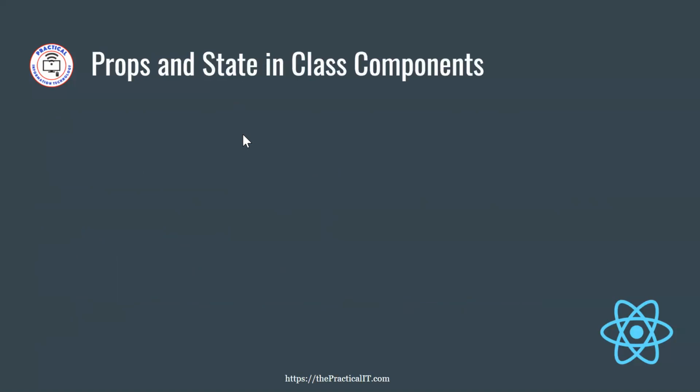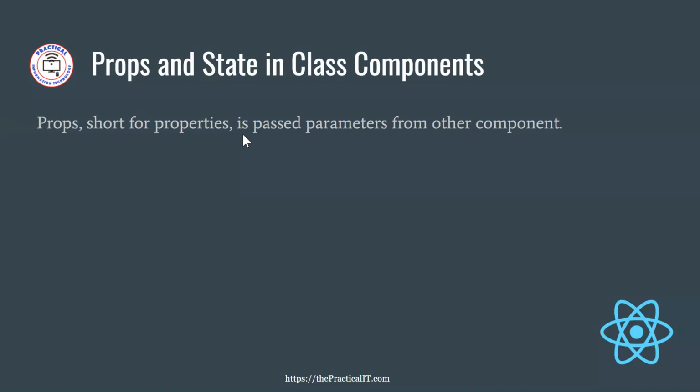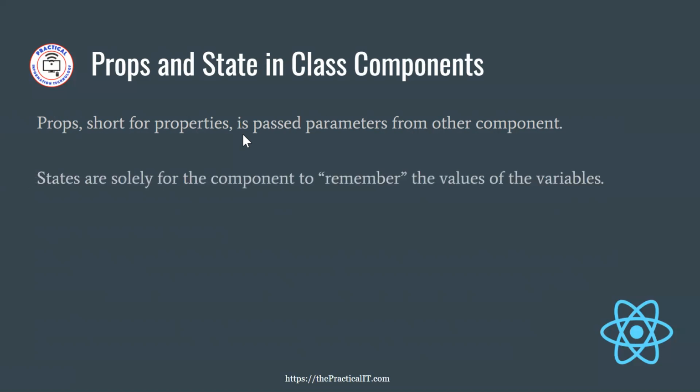So the idea that we have with props and states is, props are short for properties. Whatever you want to pass or share to the component, you're going to pass through the props. Usually this happens when you have one component nested in another component. And the other one is states, which are only for the purpose of the component.